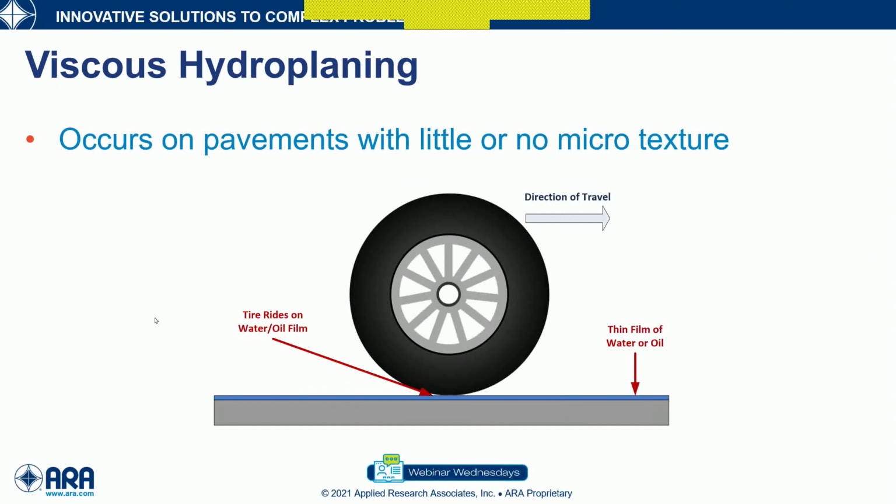Now, the second type of hydroplaning is viscous hydroplaning. Viscous hydroplaning occurs on pavements with little to no microtexture. A typical example is a pavement with a significant amount of bleeding, where the asphalt completely covers the pavement surface. Viscous hydroplaning can also occur, for example, on pavements that have been polished smooth by traffic.